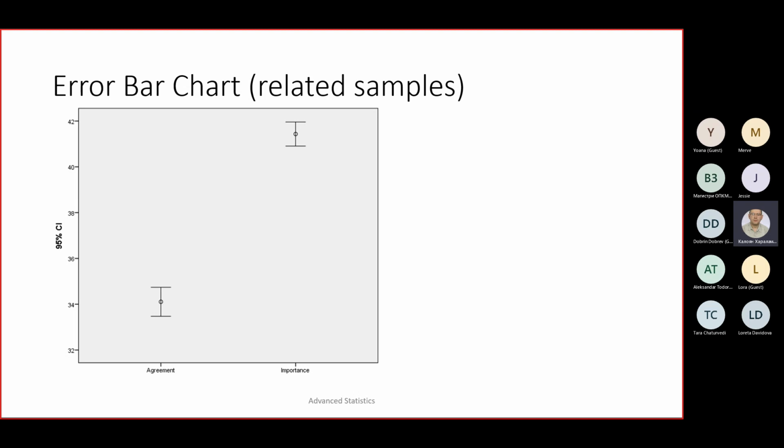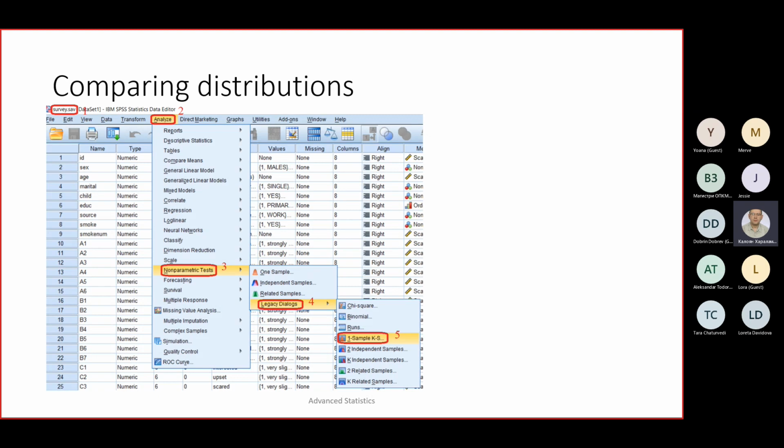Now the fourth, the last hypothesis is the hypothesis about normality of distribution, about the comparison of empirical distribution with normal distribution.